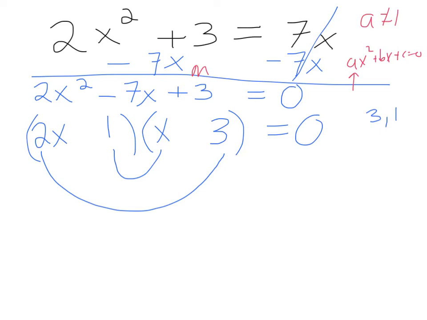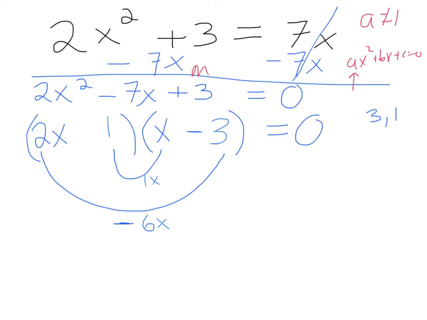And now I can already tell that this is going to be great because I've got a 2x times 3. That's going to make 6x on the outer, and on the inner, I'll have a 1x. And you say to yourself, can you make a negative 7x here? Well, yes, you could. If the outer term was negative, you'd have a negative 6x. 2x times negative 3 makes negative 6x.